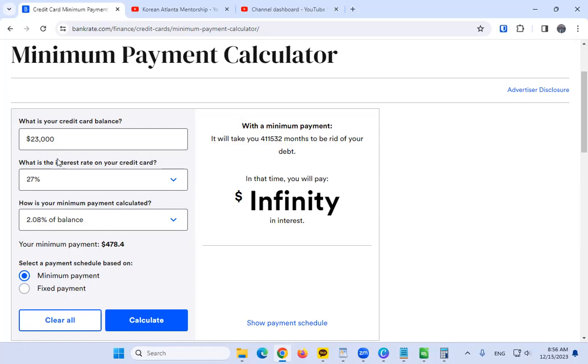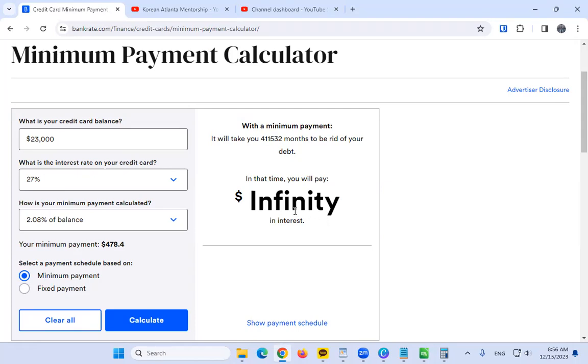So if you want something that's always going to give you a consistent output of information, go ahead and use Bankrate, even though this website seems to be a little bit broken because it says it's going to take me infinity time to pay interest. I don't know how that works, or maybe it's actually correct. I don't know. If it's 2.8% of the balance, maybe it's not even covering the interest. Kind of like now that I think about it.